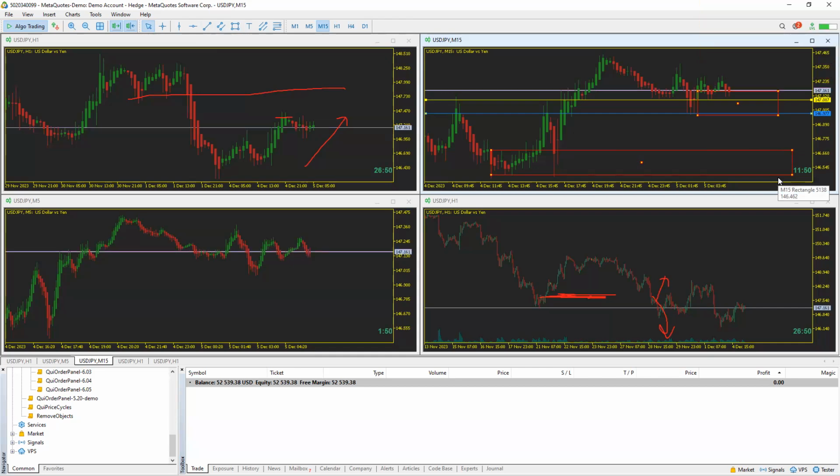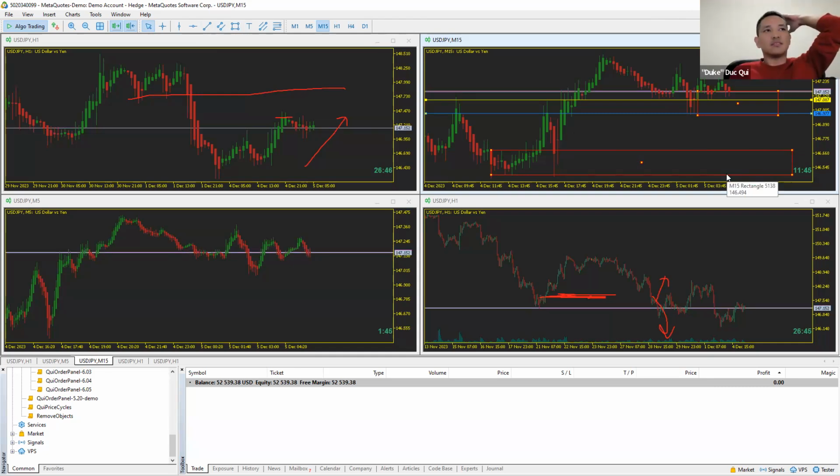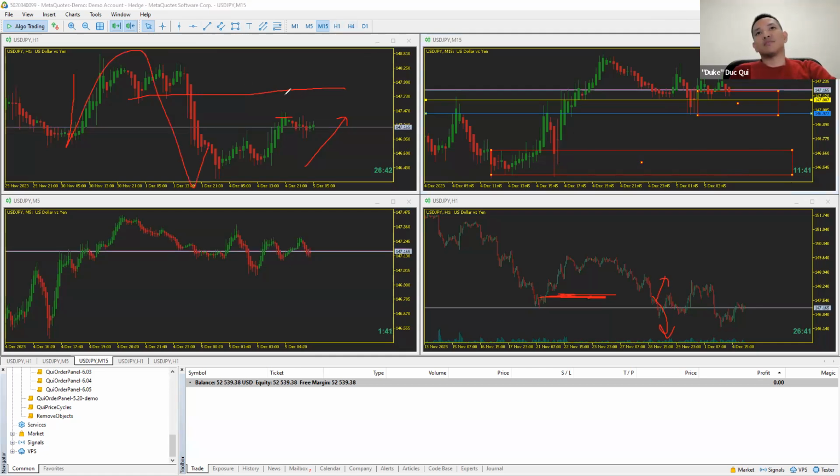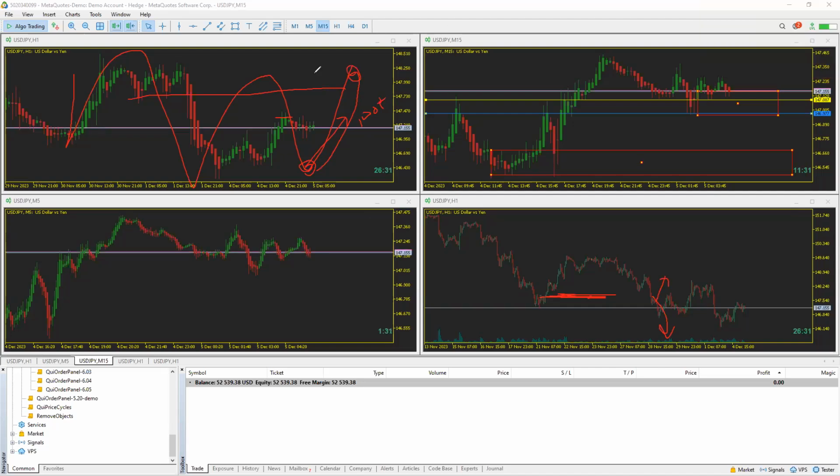Okay. Being that if it comes down to here and it bounces, it's a great, like here's the range. If it bounces here, you can ride it all the way up to here and get 100 plus pips. Does it make sense?